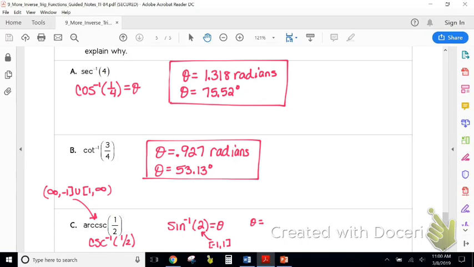So there is the domain, and then the 1/2 then is too small. It's not in it. So this one has no solution, or it's undefined. The value is not in the domain of the inverse cosecant.